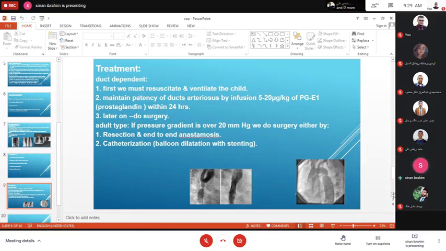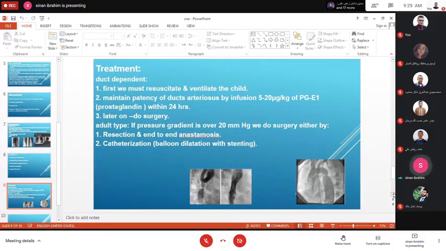Any patient, we'll talk about it in the next few lectures, with complex congenital heart disease or DTGA, any congenital heart disease where the patient's life depends on the patency of the ductus, we should keep the patient on prostaglandin E1 infusion, about 5 to 20 microgram per kg.